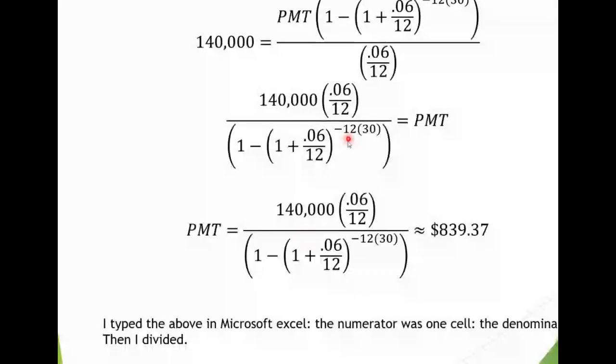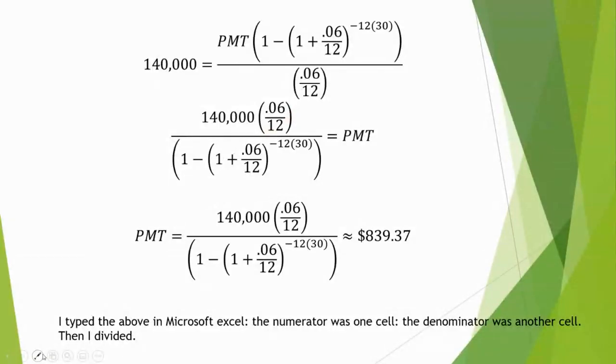I didn't show all the steps. Hopefully it's not that bad though. Essentially what you're going to do is this. You're going to multiply both sides by that denominator, which is 0.06 over 12. Let me see if I can draw it in at least. Like so.